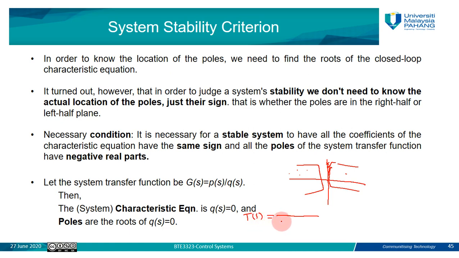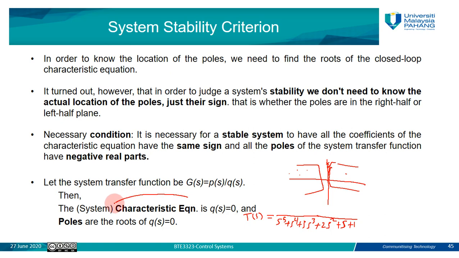So the T(s) here, whatever you have here, s to the power of 5 plus s to the power of 4 plus 3s cubic plus 2s square, for example, plus s plus 1, is responsible for deciding whether your system is stable or not. This equation of the denominator, we call it the characteristic equation.